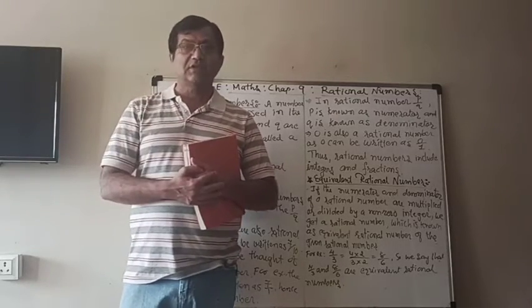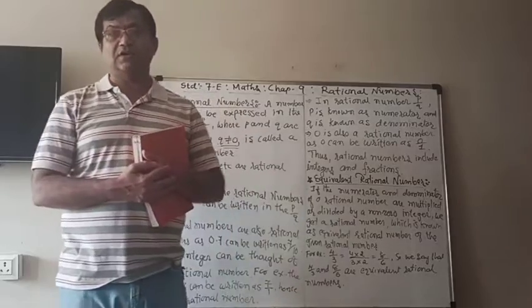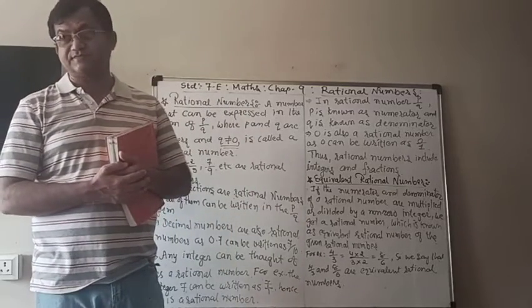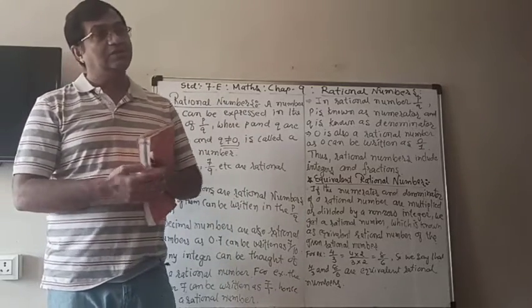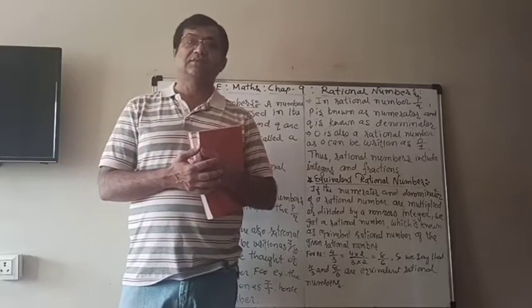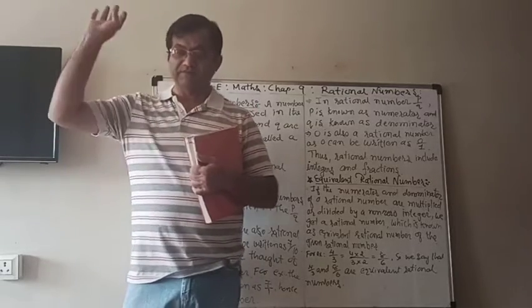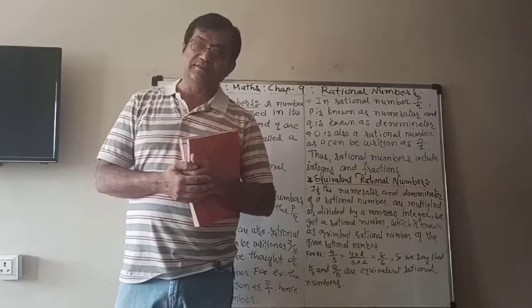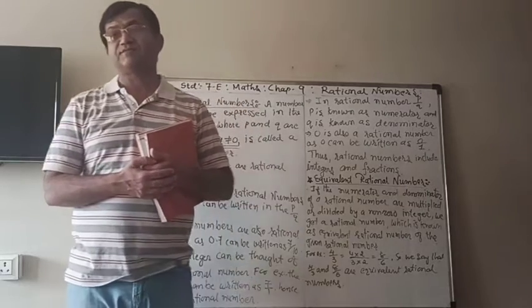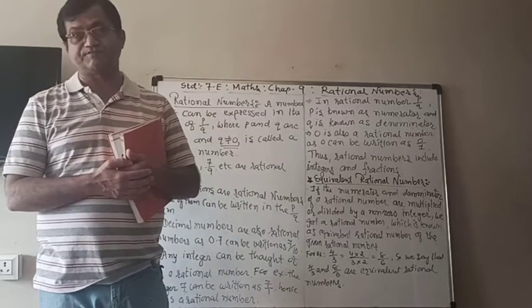Then we include 0 with the natural numbers. Then the whole collection from 0, 1, 2, 3 and so on, they are known as whole numbers.